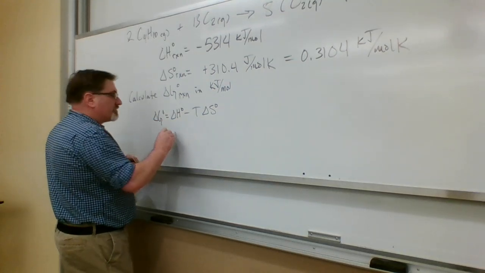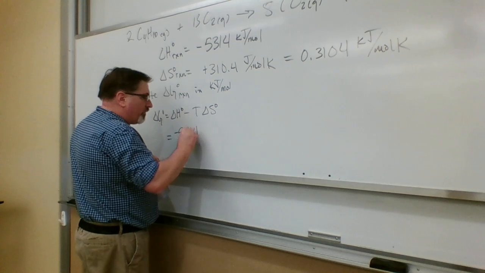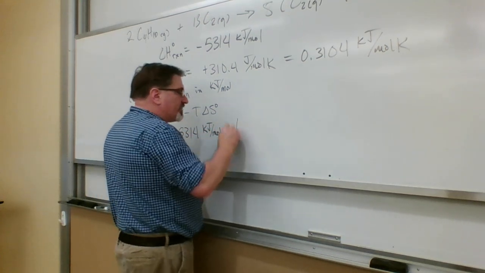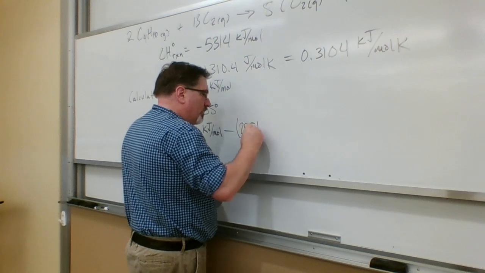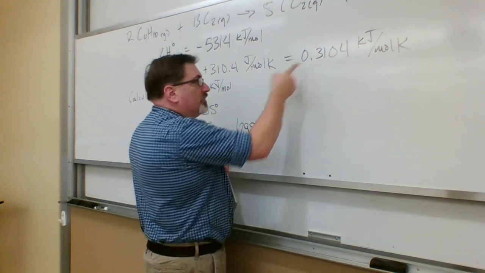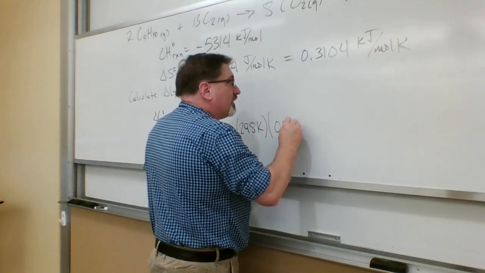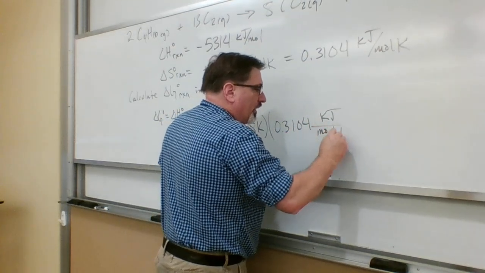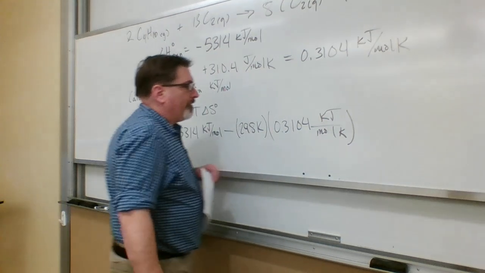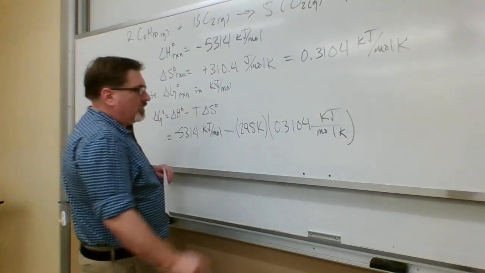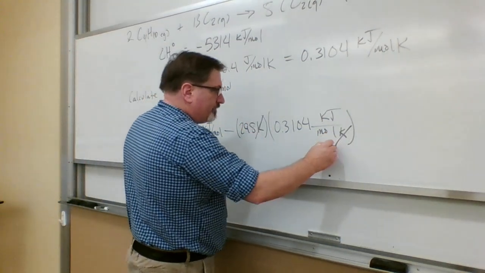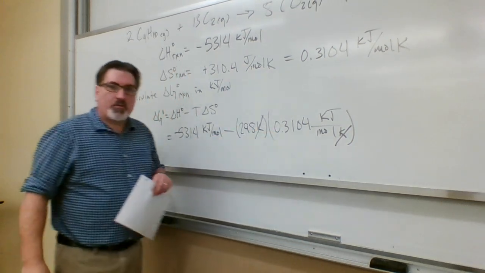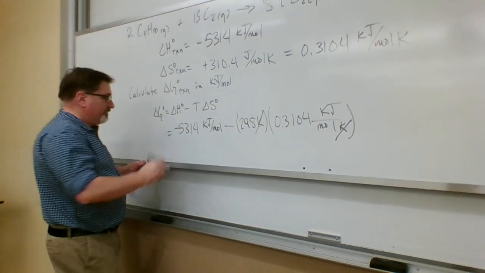Delta H was minus 5314 kilojoules per mole, minus T, which is 298 K, times 0.3104 kilojoules per mole Kelvin. So our Kelvin temperature cancels. We've got kilojoules per mole, subtracting kilojoules per mole, we get kilojoules per mole out of that.